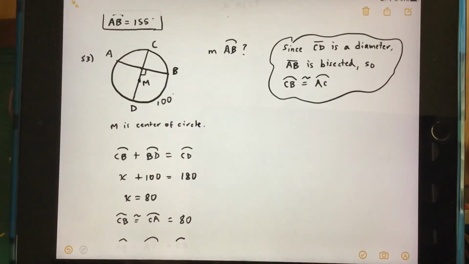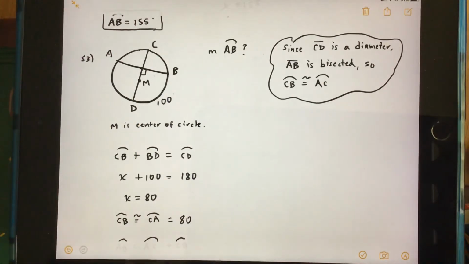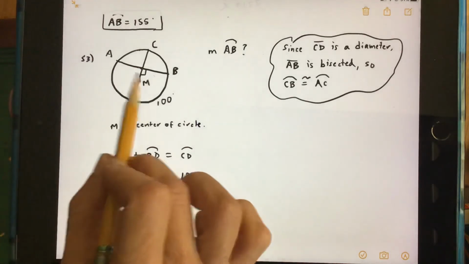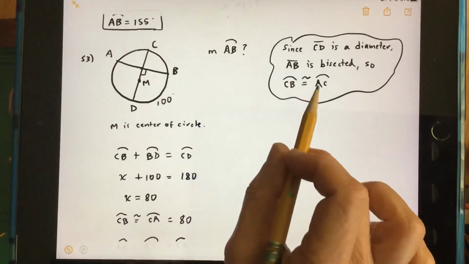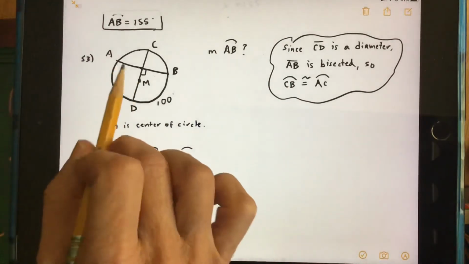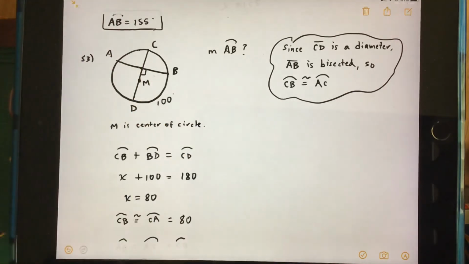Since CD is the diameter, and we know because the center of the circle is labeled with M there, CD is guaranteed to be the diameter. We're going to know that this chord AB must be bisected because diameters bisect chords into two congruent segments. So we're going to know that arc CB is congruent to arc AC. CB will be the same degree measurement as AC.